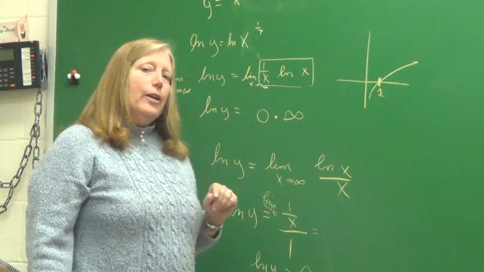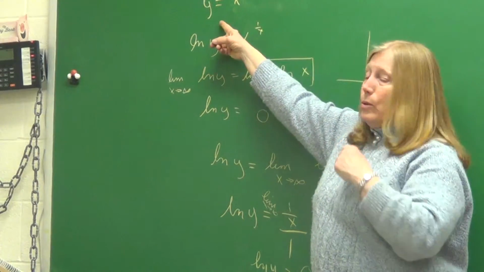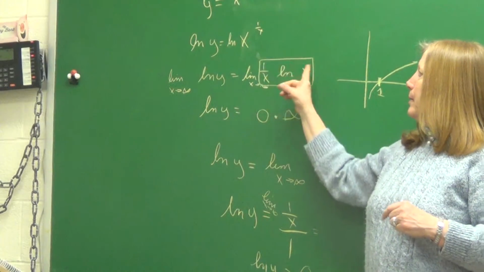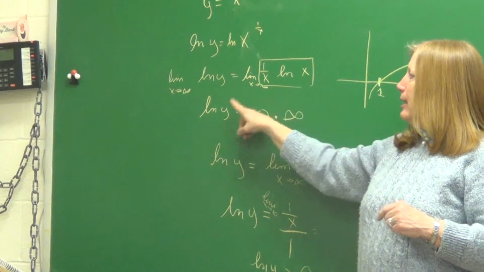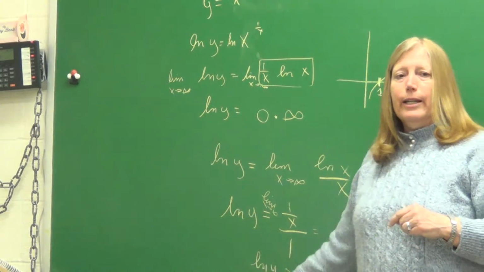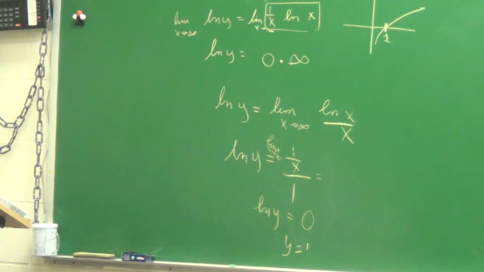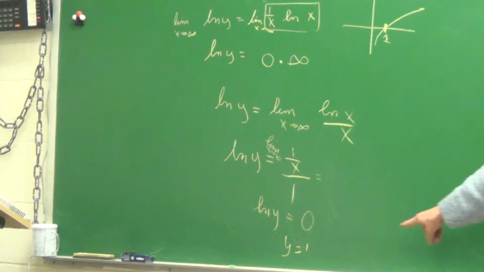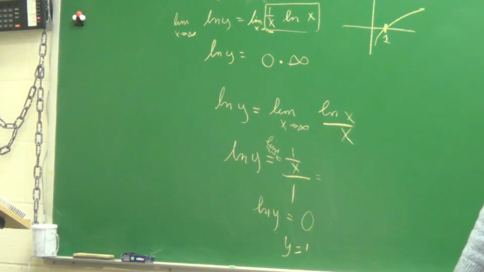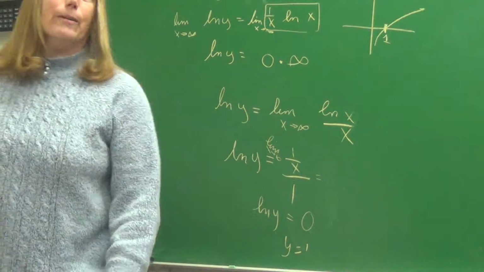The unknown was in the exponent, so we made an equation out of the problem, took the ln of both sides in order to bring the 1 over x down, took the limit, and you can watch the rest of the flow there. It's very much like the homeworks that we did. We ended up with y equals 1. I'll be glad to go over that example if there's any part you have questions on.